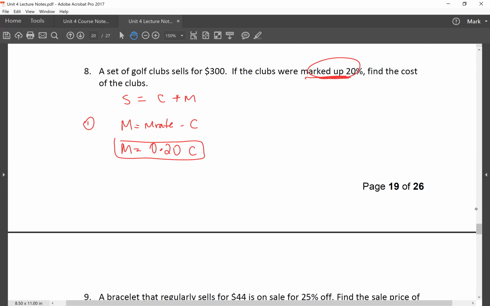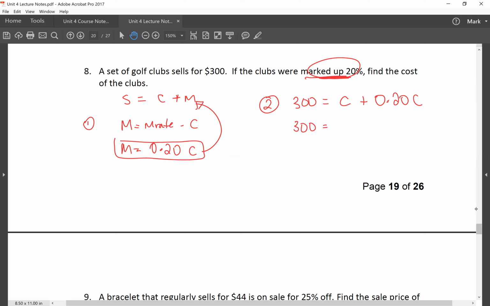Now, I know that the selling price is $300. I'm looking to find cost, and I know that the markup is 20% of that cost. I'm going to put that in for M, and now I can solve this question.